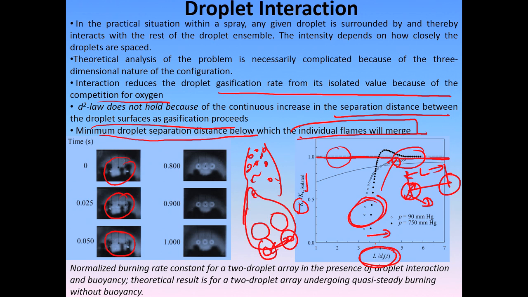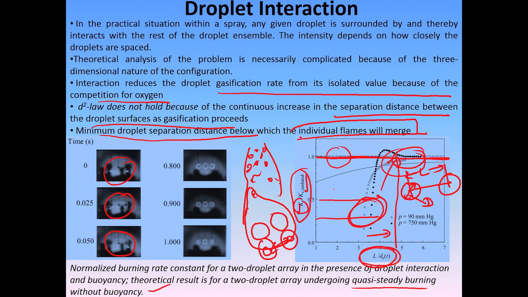This is the result for quasi steady burning, there is no buoyancy effect over here. It shows that you approach the limit of 1 when the separation distance is about 5, got it. All the droplets seem to approach that same value. So, it is highly dependent on L by D, and the gasification rate is substantially lower, roughly sometimes 30%, sometimes 50%.